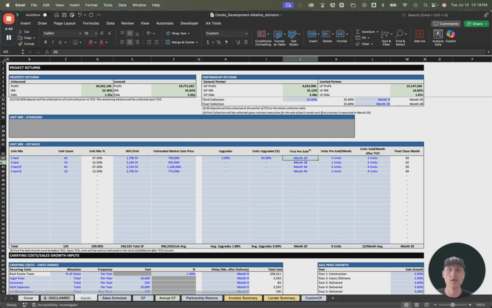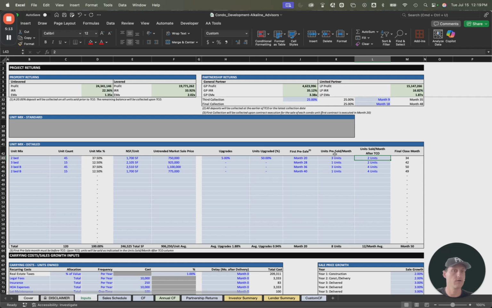And we can choose based off of each unit mix now, instead of one general assumption for how many units are pre-sold, when does pre-sale start, we can say, okay, 2 beds, the first pre-sale is going to happen in month 20. We're going to have 3 units pre-sold, and then units sold per month after TCO is going to be 2.